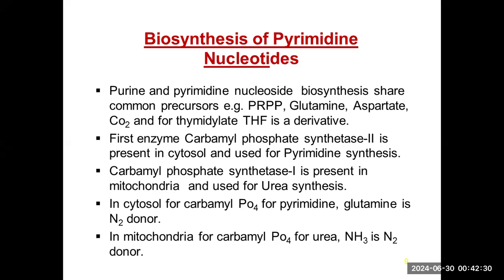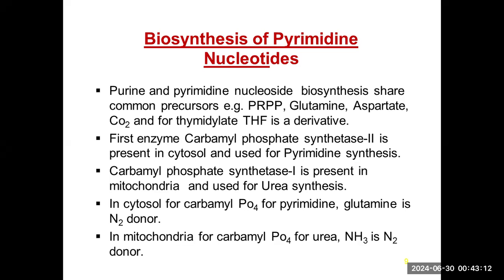The first enzyme, carbamoyl phosphate synthetase 2, is present in cytosol and used for pyrimidine synthesis. Let me refresh your memory. There are two types of carbamoyl phosphate synthetases: carbamoyl phosphate synthetase 1 and carbamoyl phosphate synthetase 2. Carbamoyl phosphate synthetase 2 is present in cytosol, used for the synthesis of pyrimidines, and carbamoyl phosphate synthetase 1 is present in mitochondria and used for urea synthesis.